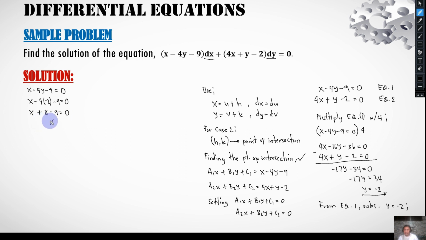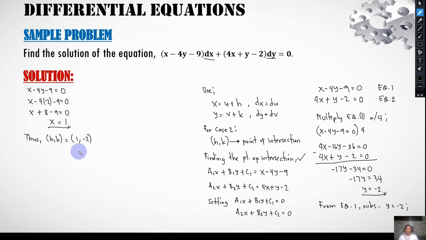So this would be then x is equal now to 8 minus 9, so negative 1, transpose to the other side, is 1 na lang siya. Okay, so yung x natin dito is just simply equal now to 1. Since ang values dito ay ang point of intersection natin, therefore, since ito yung point of intersection niya, yung HK natin is just equal now to yung H, ito yung sa X, so ito yung 1 at saka yung K ay ito namang sa Y, ito yung negative 2.